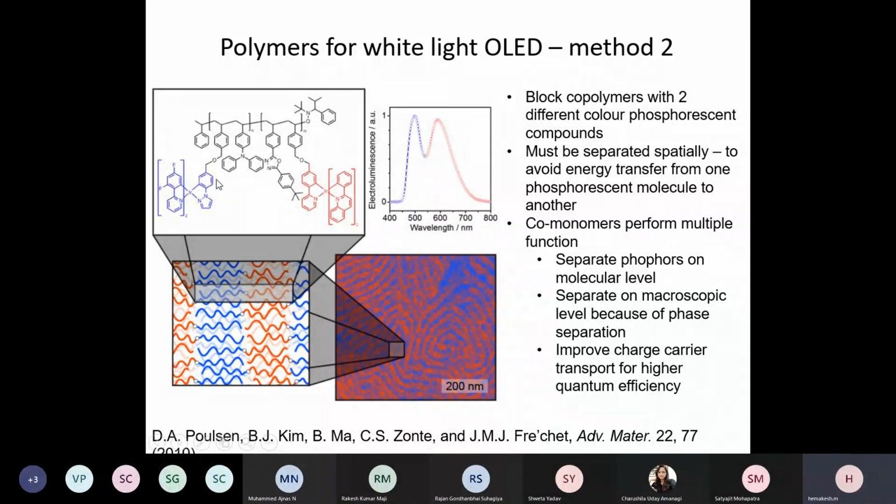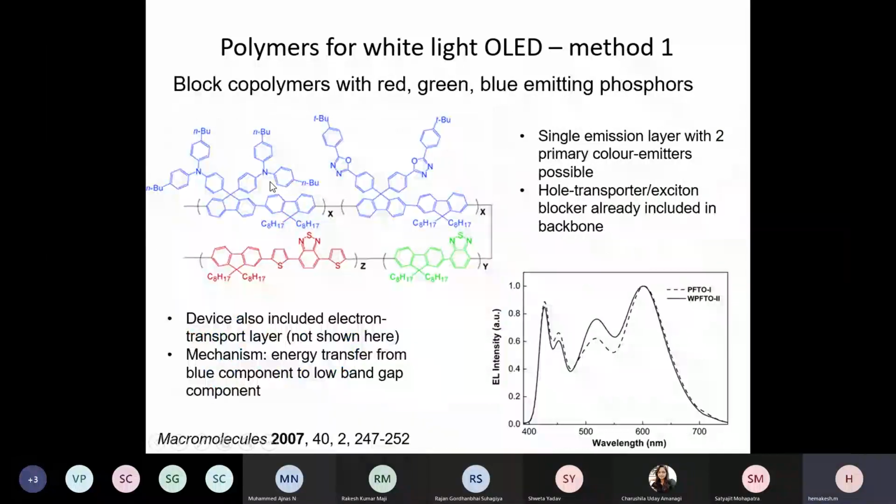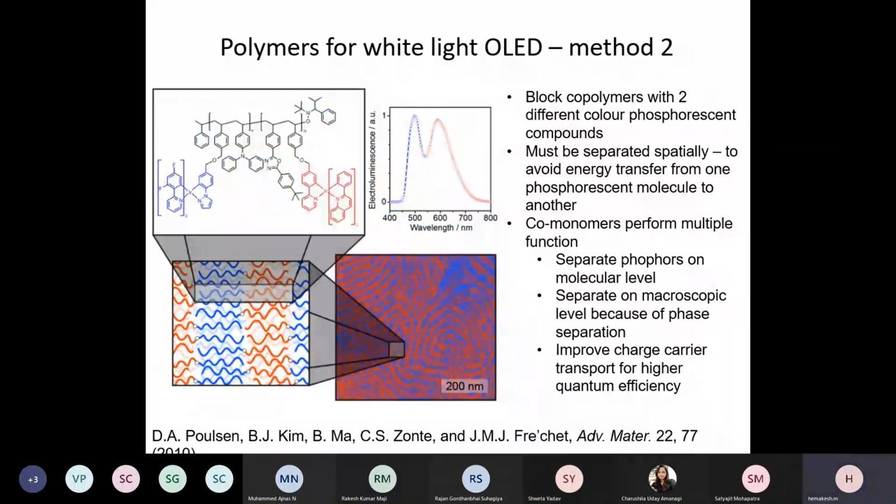In this case, you don't want the iridium complex to be intimately mixed in, unlike in here, where the systems were mixed in and they're working together because of the electron transport layer. In this case, to generate light, you want the block of the polymer that has a blue emitter and the block of the polymer that has the red emitter to be spatially separated so they can generate blue and red light separately.